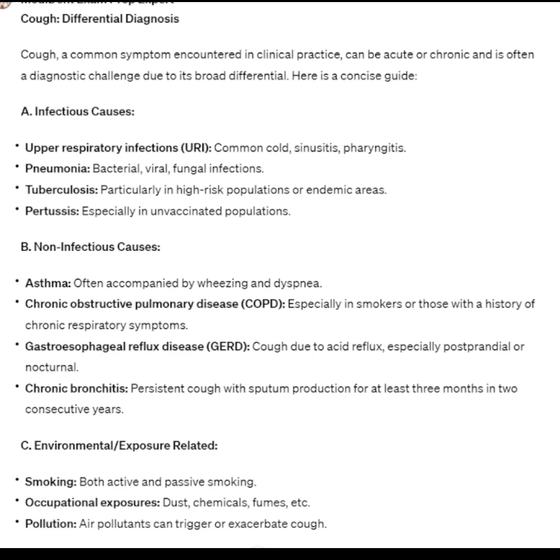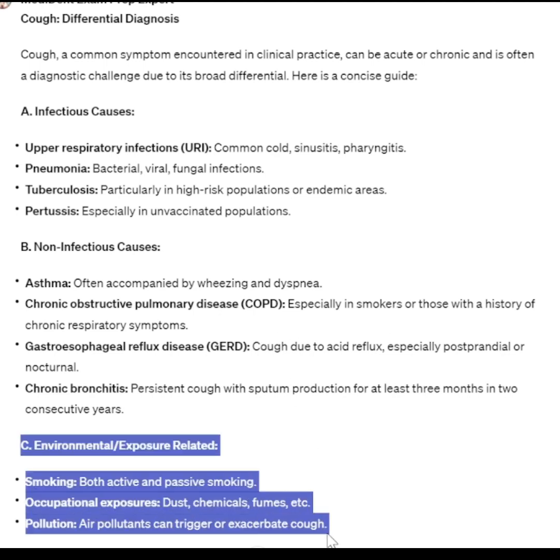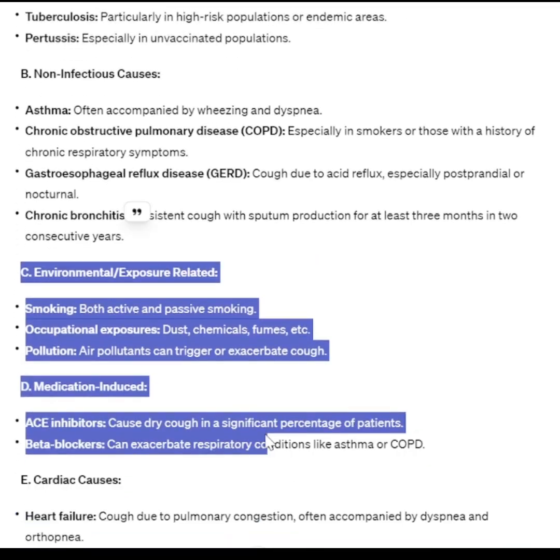Pulmonary embolism, especially if associated with chest pain and dyspnea. Lung cancer, consider especially in smokers or those with hemoptysis and weight loss. Postnasal drip, upper airway cough syndrome: cough associated with the sensation of liquid in the back of the throat. Psychogenic cough: consider after excluding other causes, often in the absence of night symptoms.